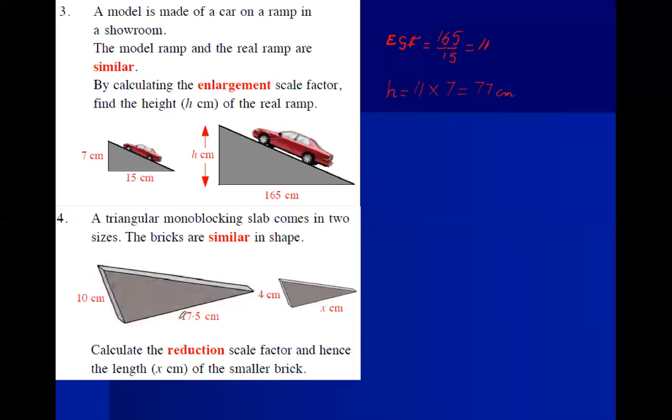That'd be us. So in this case here, I've got a reduction scale factor in order to find X. So we reduce from 10, we go down to 4. So here I'm going to have to find RSF, and we said that it's equal to 4 divided by 10, or 2/5 if you want.